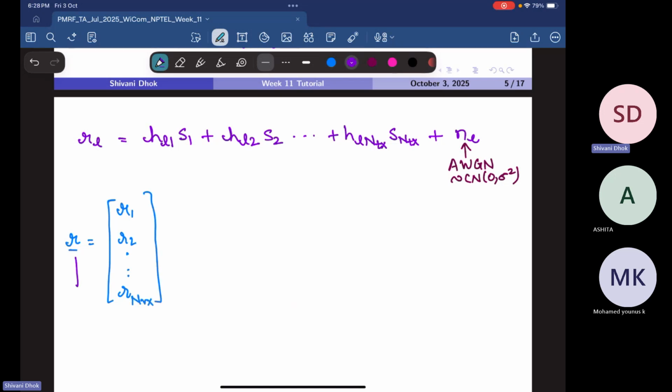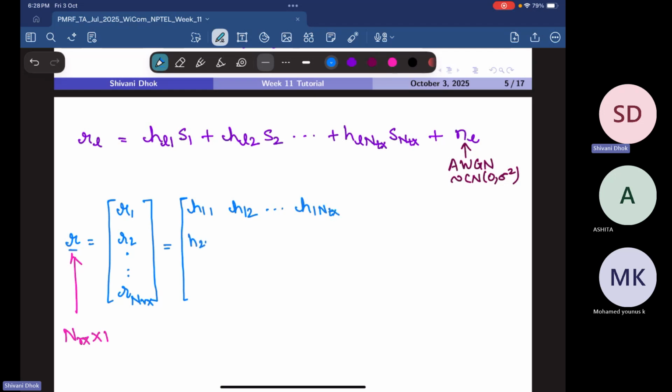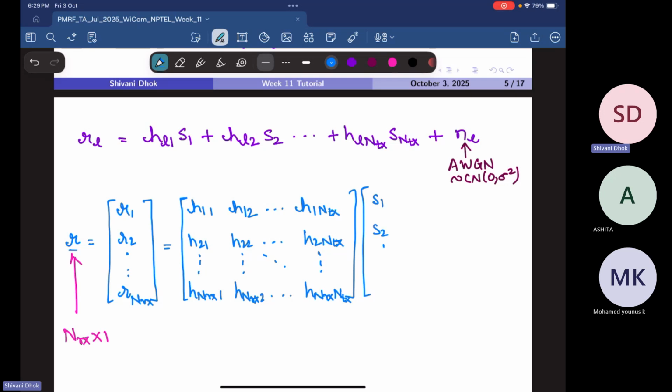So this R is an NRX times one dimensional vector, and this is given by the matrix with entries H11, H12, up to H1NTX, then H21, H22, up to H2NTX, then HNRX1, HNRX2, and so on till HNRX NTX, multiplied by S1, S2, and so on till SNTX, plus N1, N2, and so on till NNRX.